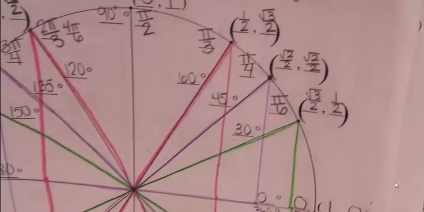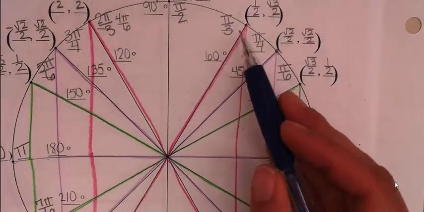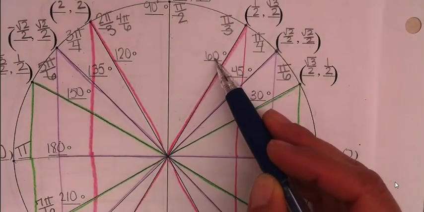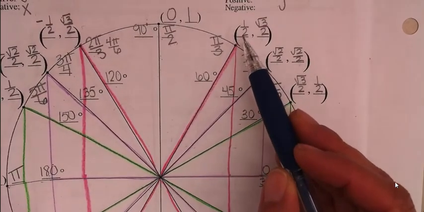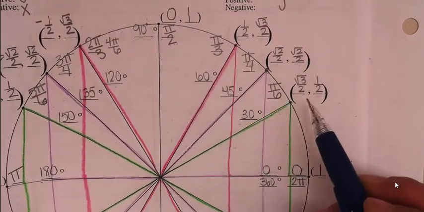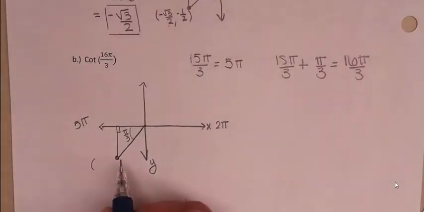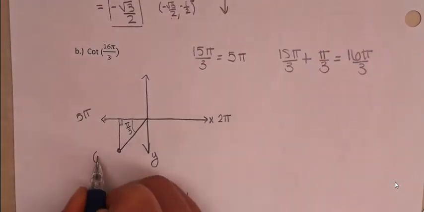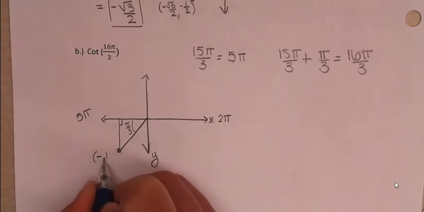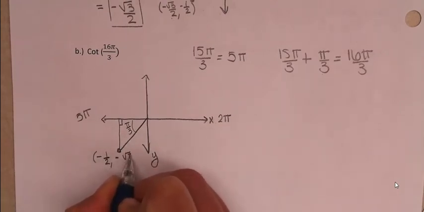But basically, my reference angle here is pi over 3, or 60 degrees. The coordinates of that are basically the 30 degree, but flipped. So 1/2, root 3 over 2. But I'm in this third quadrant, so I know that it's negative 1/2 and negative root 3 over 2.